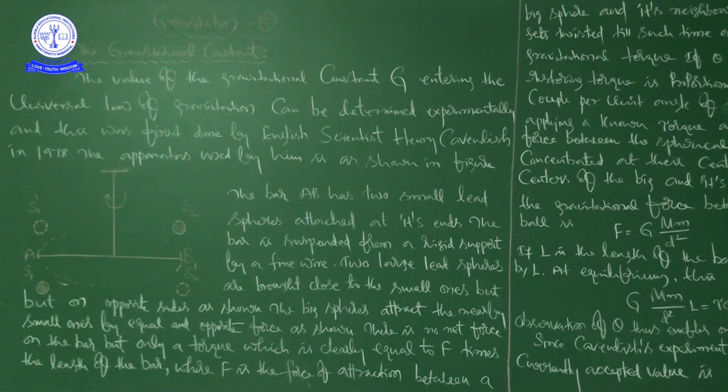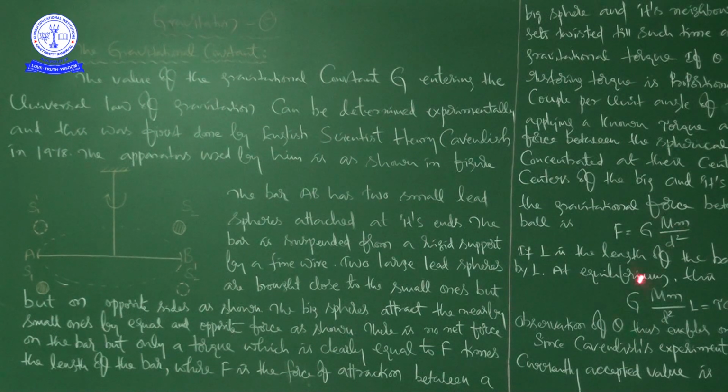Now, by applying the known torque and measuring the angle of twist, see, the gravitational force between the spherical balls is the same as if their mass is concentrated at their centers. Thus if D is the separation between the centers of the big and its neighboring small ball, and capital M and small m are their masses, the gravitational force between the big sphere and the neighboring small sphere is F is equal to G into Mm by d square.